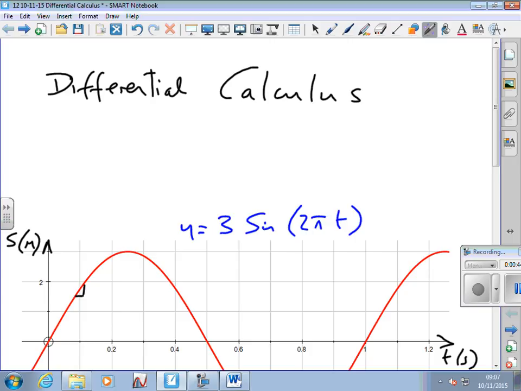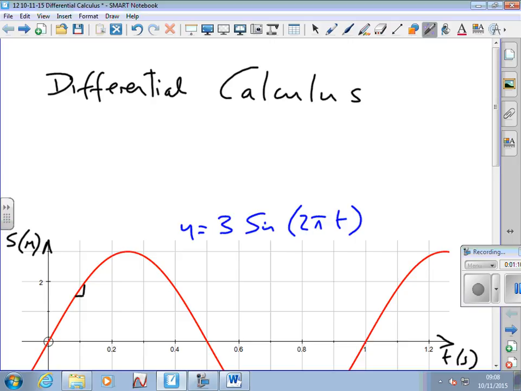In machines, we've got constantly moving machine parts. In gas and oil flow, water flow, we've got constantly flowing liquids and gases. Things move. And as soon as you want to model, in other words, try and come up with some function that describes how something moves, then you need to use calculus, differential calculus. A very, very powerful tool.